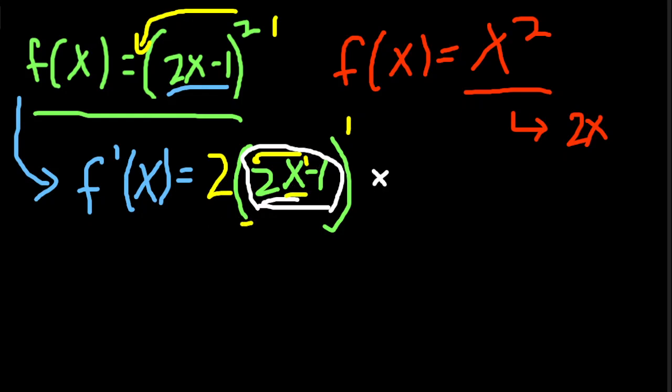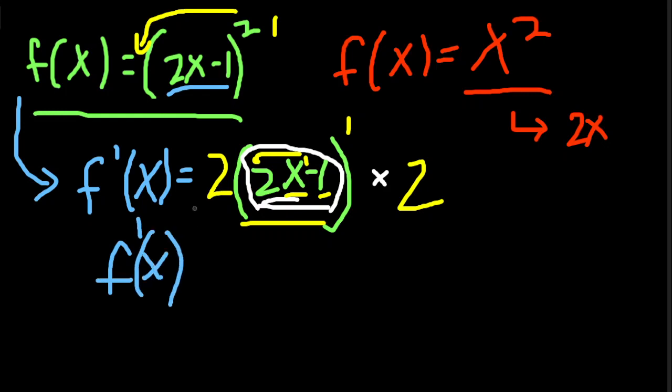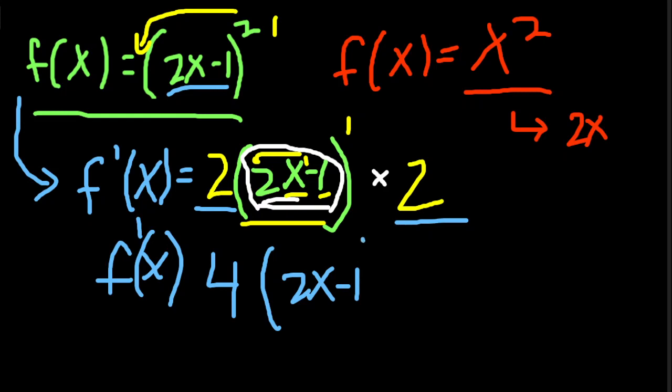So the derivative of this inside function is just 2, because the constant is 0. So times 2. And so f prime of x is equal to 2 times 2 to get 4, and then the function that we had, and this is your answer.